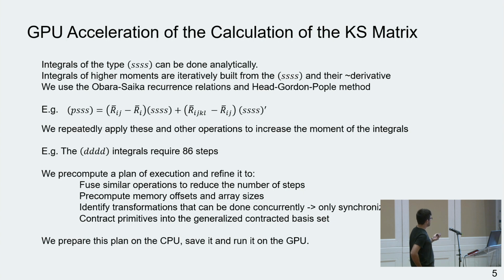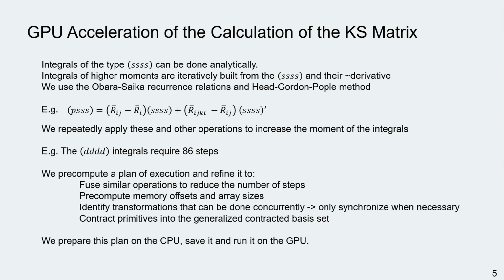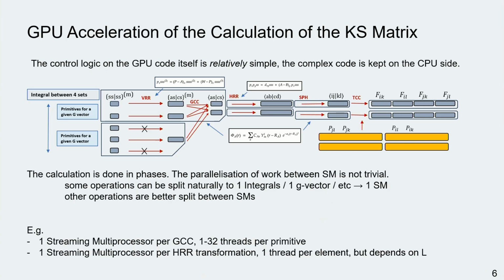As I mentioned, we prepare this plan on the CPU, we save it, and then we run it on the GPU. What this means is that the control logic itself on the GPU is relatively simple. It's by no means trivial, but it's much simpler than manually building the integral and computing all this stuff. So we save it on the CPU. It's just a bunch of integers and pointers, and then move it to the GPU.